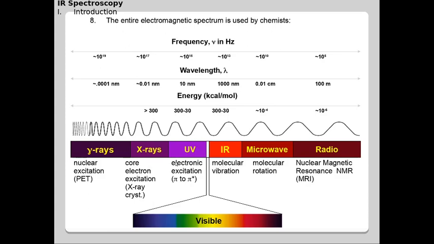We have already discussed UV and visible spectroscopy, where we usually discuss electronic excitation or electronic transitions in organic molecules.